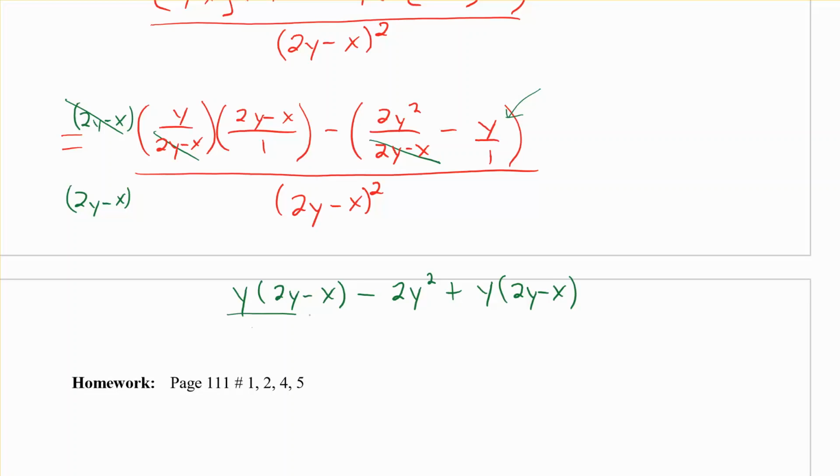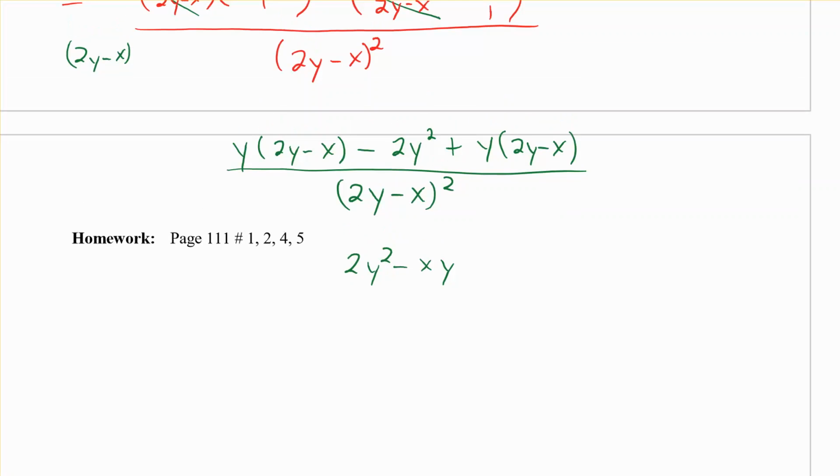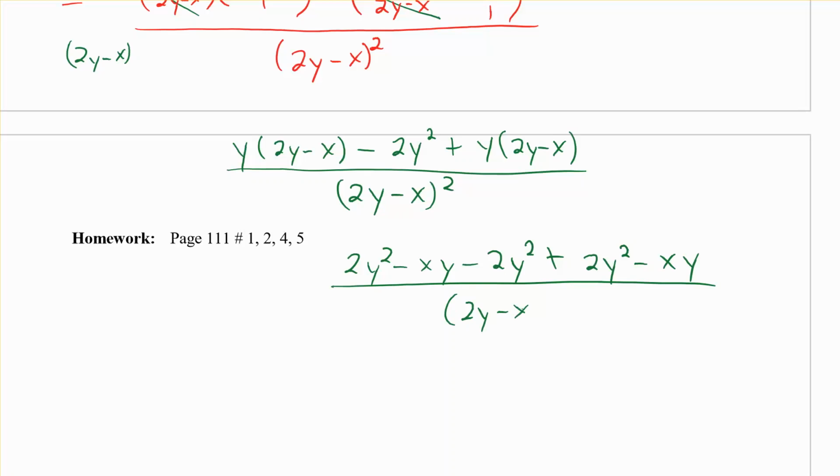And then, oh yeah, I keep forgetting about that, (2y minus x) squared. And now we just got to simplify. So let's write this out. We've got y times 2y is 2y squared minus xy, and then minus 2y squared plus, this would end up being 2y squared minus xy, all over 2y minus x.